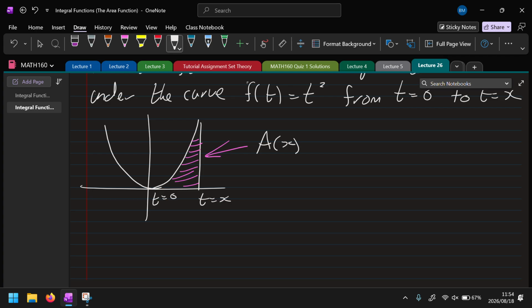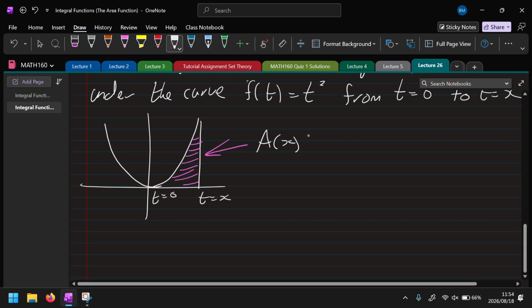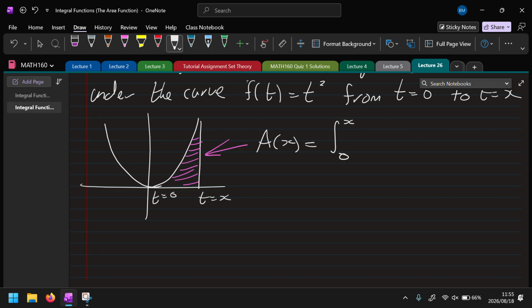Okay, so let's set up the integral, and then we need to solve it. So we know how to find the area under the curve. It's the integral from the starting point to the ending point. So this is going to be the integral from 0 to x of our function, which is t squared dt.